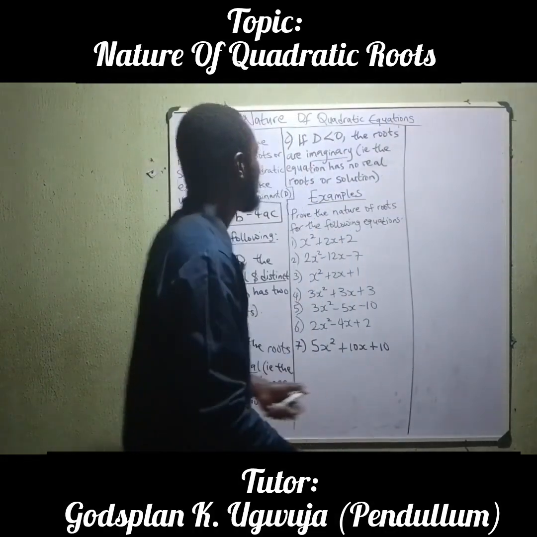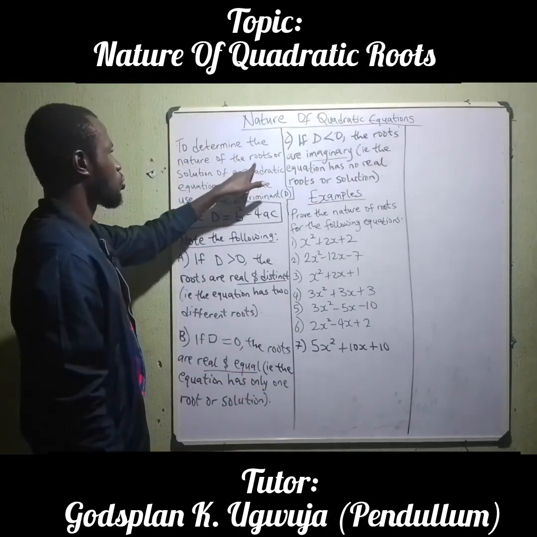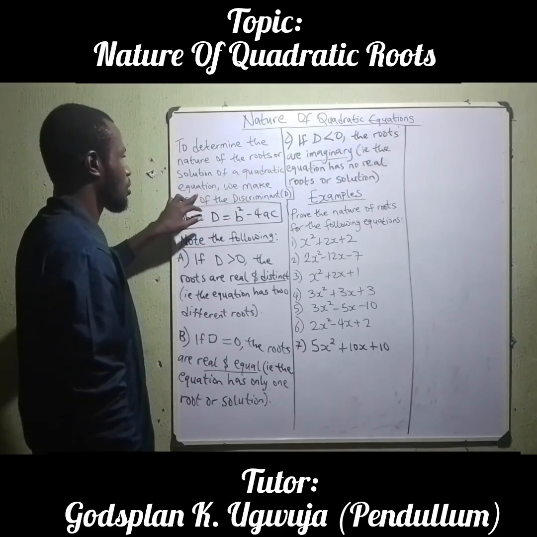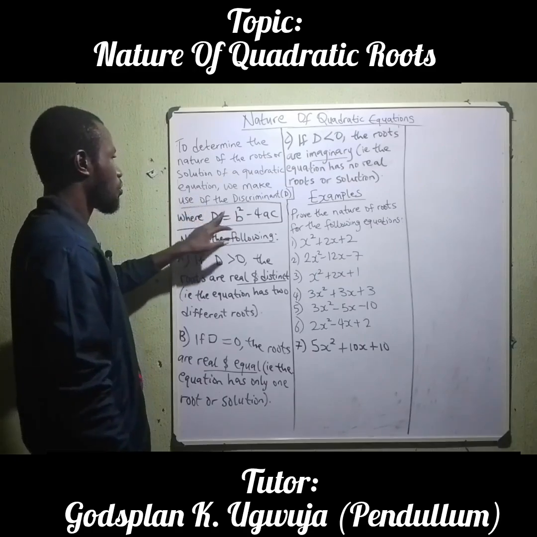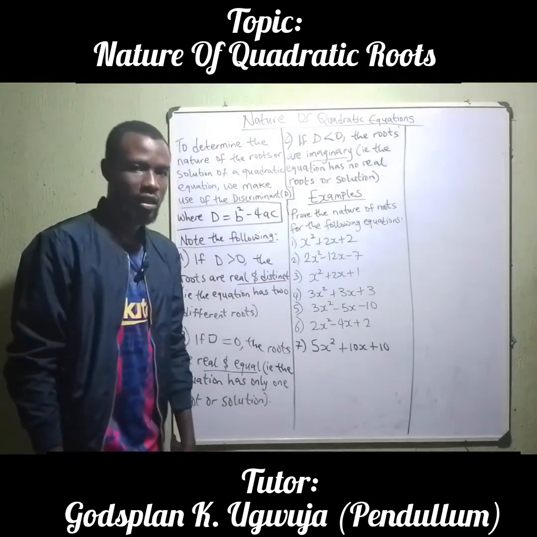Okay, and to determine the nature of the roots or solution of a quadratic equation, we make use of the discriminant. That's capital D in brackets.